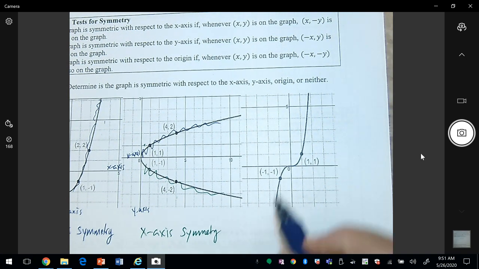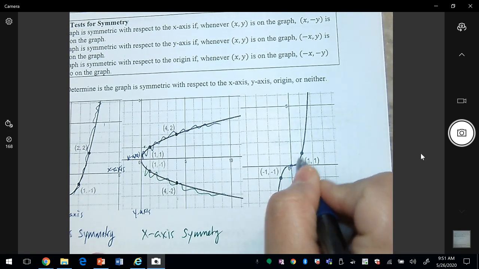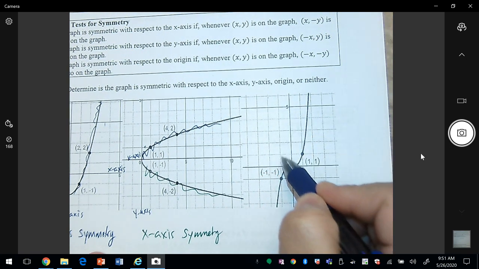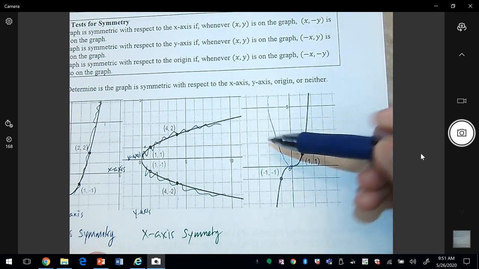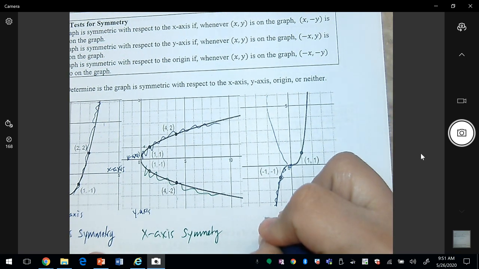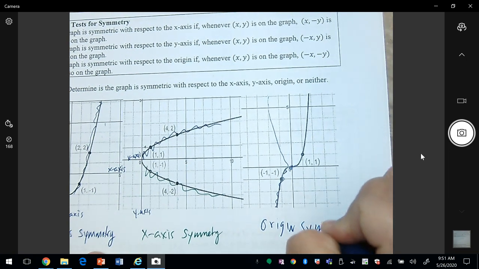Now here, the origin. If I fold the graph the long way, this graph would land on top of this side of the graph. And then if I fold down, it would fall on this graph. So this is going to have origin symmetry.